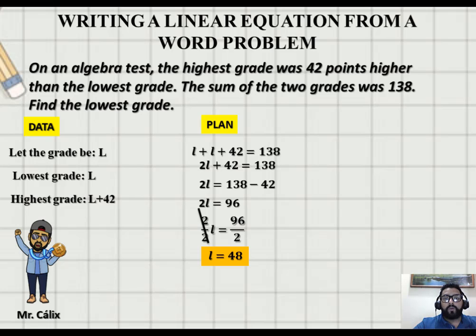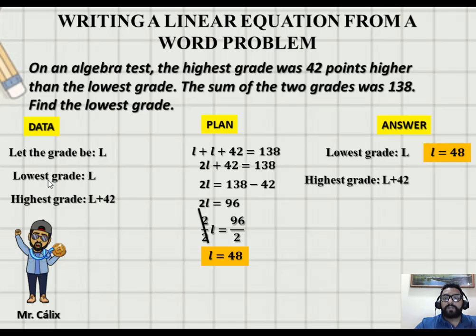Now we already know the value for L that represents the lowest grade, and we are going to answer our question. The lowest grade is L, which is L equals 48. 48% is the lowest grade. The highest grade is the lowest plus 42. In this case, it's 90%.